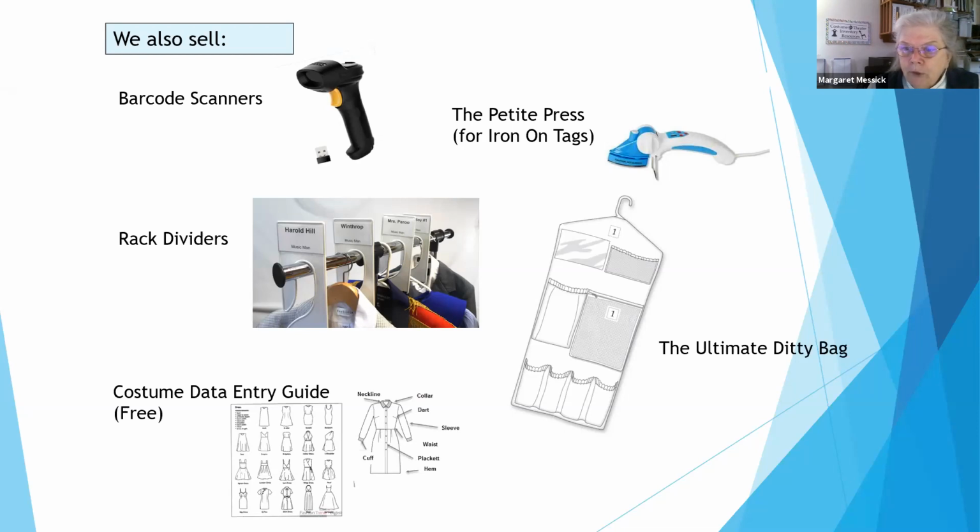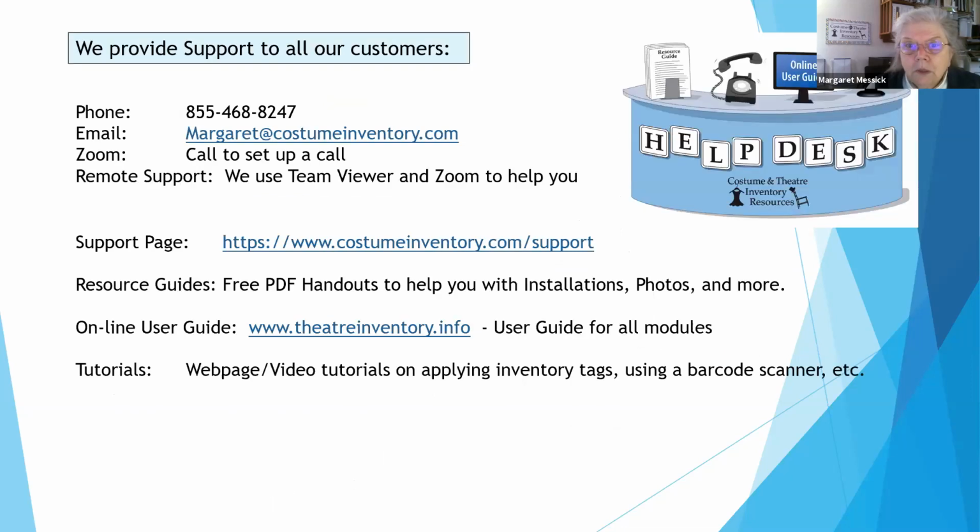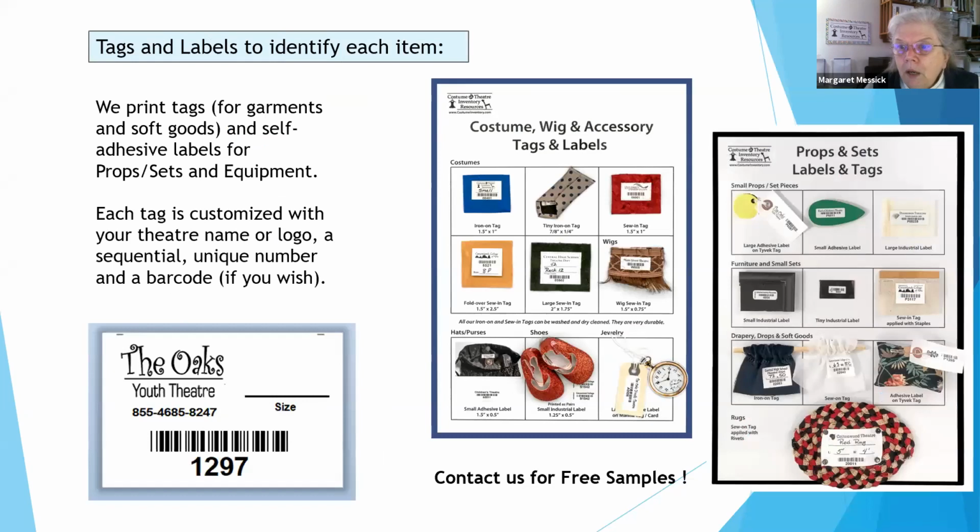Okay, I have another question here. What about the tag being seen while used on stage? For a small prop, can they be removable during use? For items that might be seen from stage, that's always an issue.